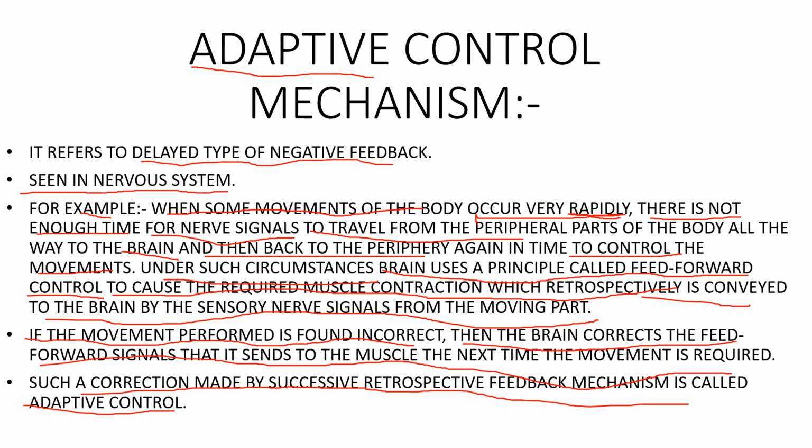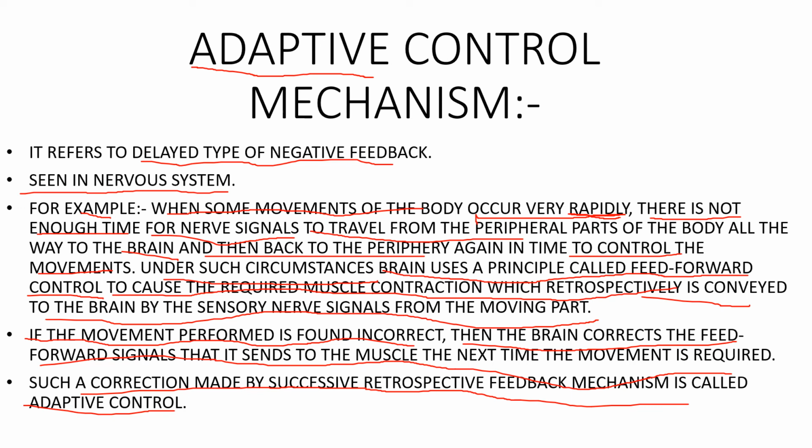Now this will cause the movement. If the movement performed is found incorrect, then the brain corrects the feed forward signals that are sent to the muscle the next time the movement is required.